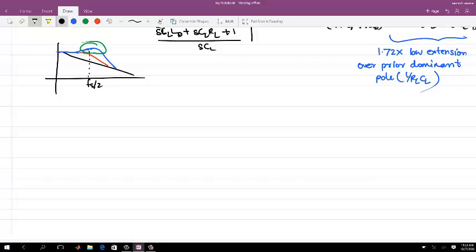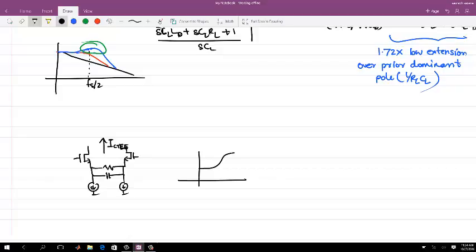And this is only happening at the output load. The input pair is not limiting. The way I have drawn the ICTLE, which is coming from the input pair, we have seen that the response of ICTLE versus Vin is like this.